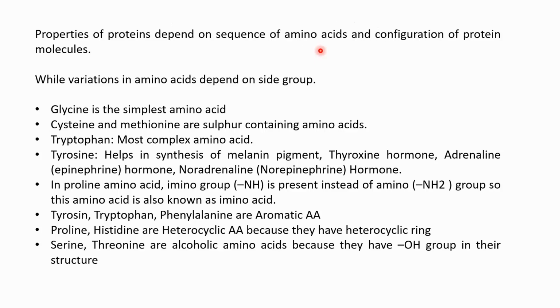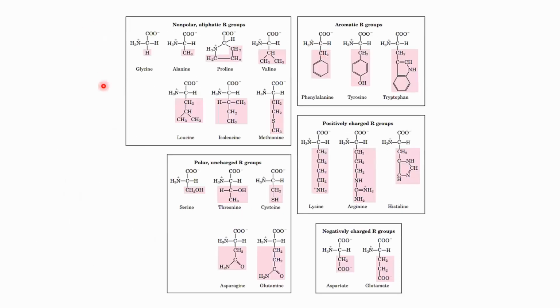So variation in the amino acids depends on the side group, as I mentioned, and as is clearly visible in this figure, glycine is the simplest amino acid because its R group, or side chain group, is the simplest, which is just hydrogen.